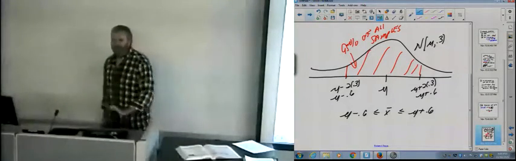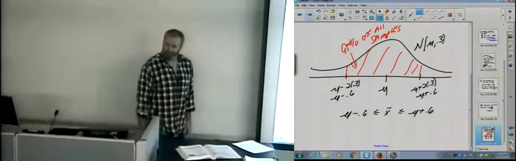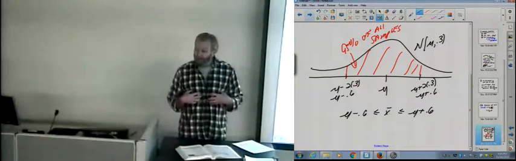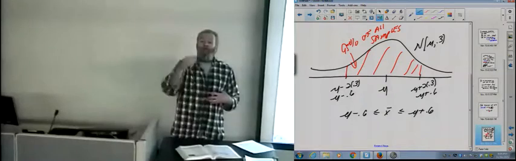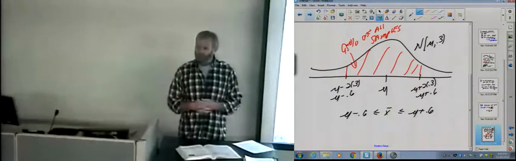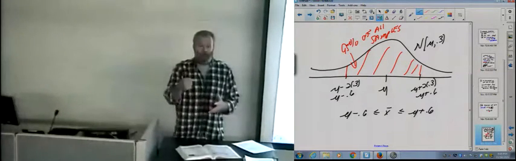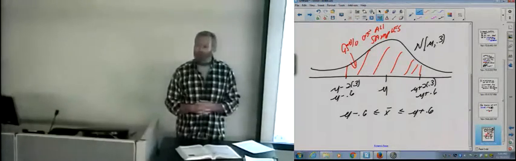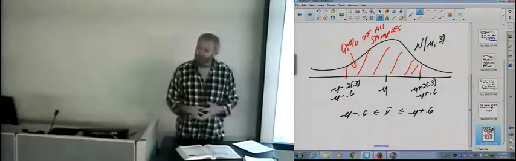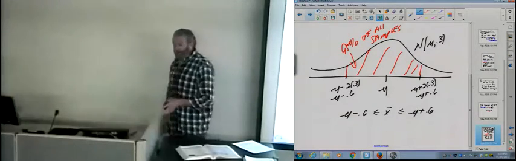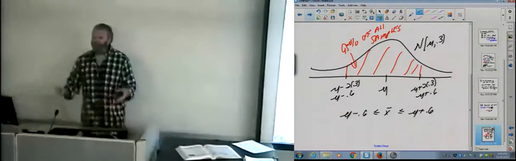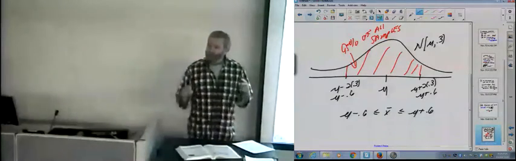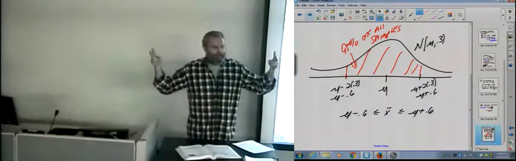Forget about this for just 1 second. Let me ask you this. If I tell you that my house, where I live, is within 2 miles of the grocery store, is it true that the grocery store is within 2 miles of my house? That's true, right? So, if x bar is within 2 standard deviations of mu, that means mu is within 2 standard deviations of x bar, right?